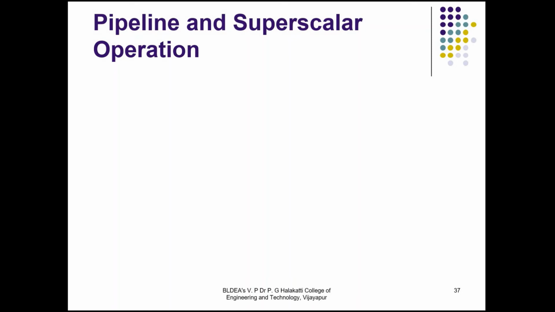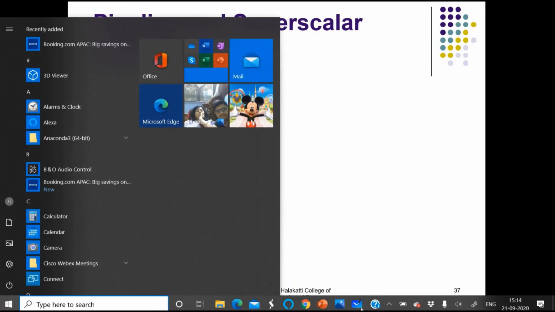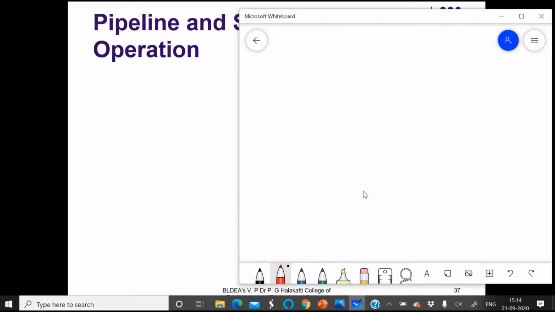For example, let's consider instructions stored in the memory. Let's say we have two instructions sequentially stored in the memory.